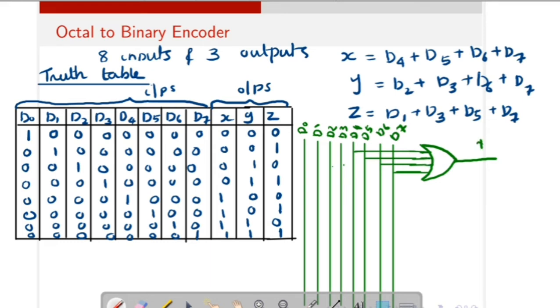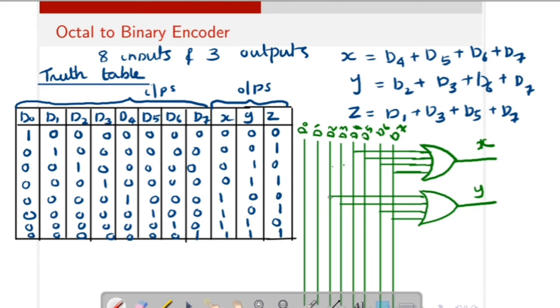So this is x. Next for y we select D2, D3, D6, D7, or these terms. This is y.